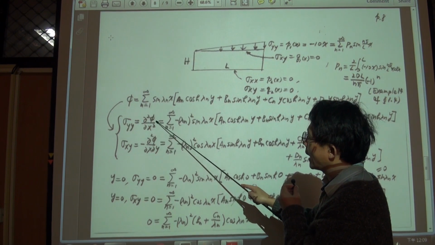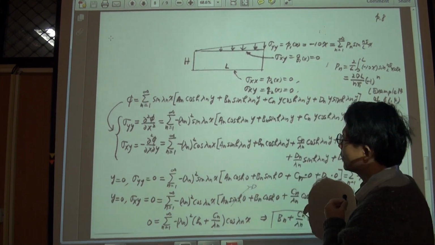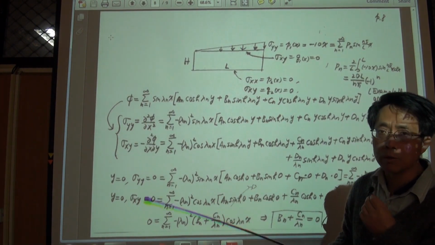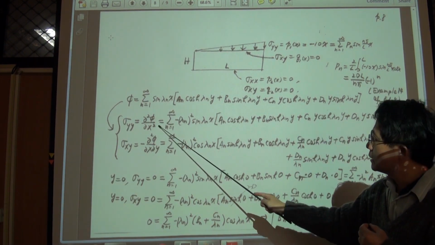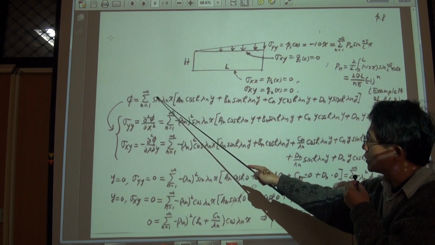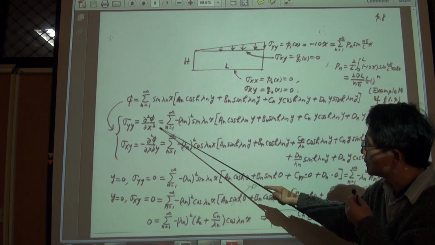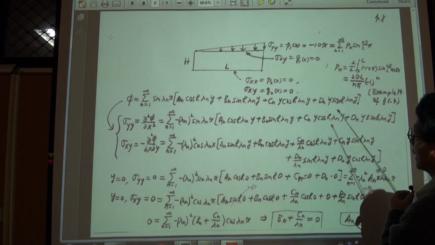We carry out the differentiation like this, okay, to compute sigma yy and sigma xy because we want to apply the boundary conditions. So here, for sigma xx, we perform the differentiation twice to give you this. The y part doesn't change, okay?